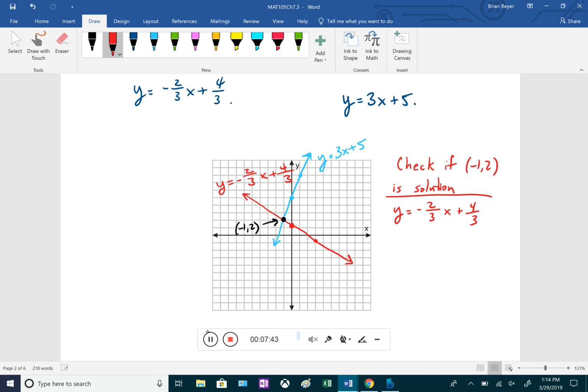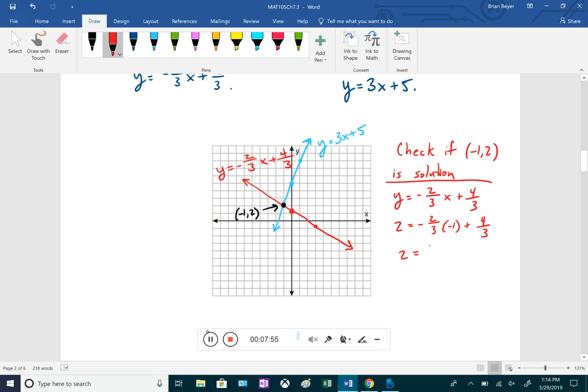So we're going to plug in 2 for y, negative 1 for x, and we're going to simplify. So on the right hand side, we end up getting positive 2/3 plus 4/3, which is 6/3, which does equal 2. So it works for that one.